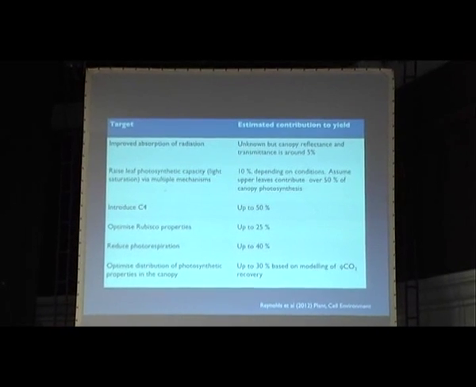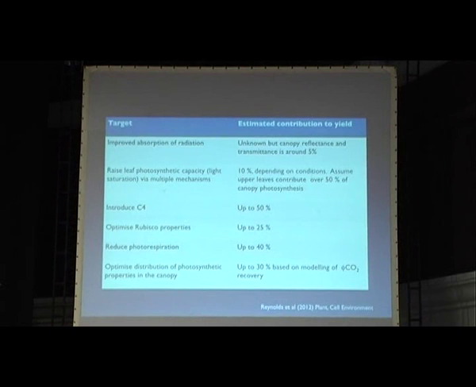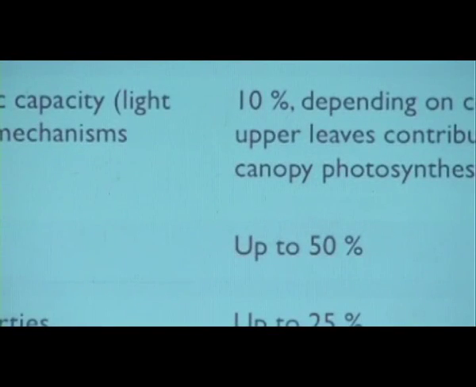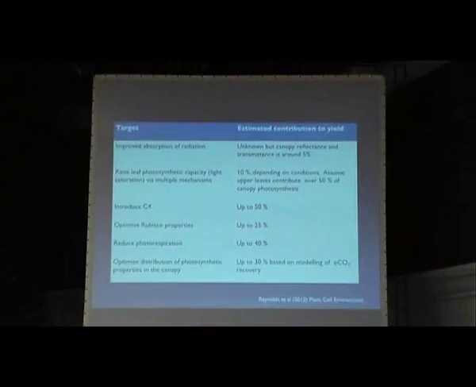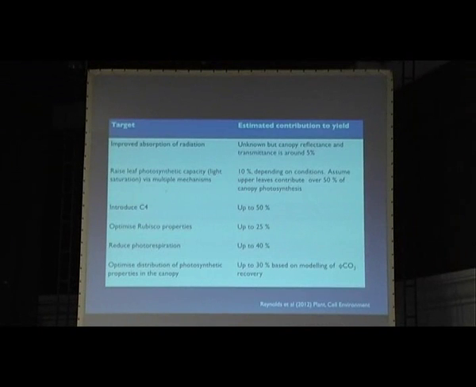So, for example, we know from modelling work that we could get up to 30% increase in canopy photosynthesis based on one aspect, and that's the slow relaxation of the quantum yield of CO2 assimilation in fluctuating light.